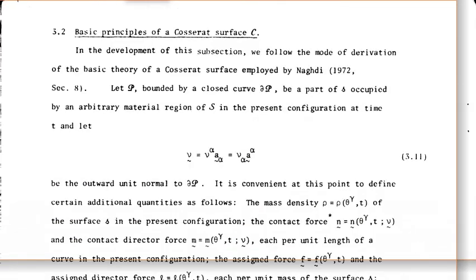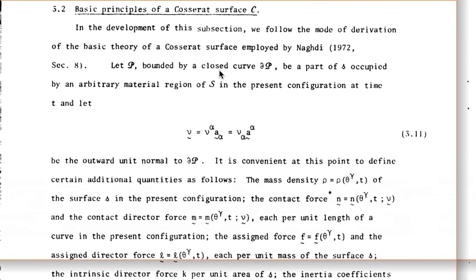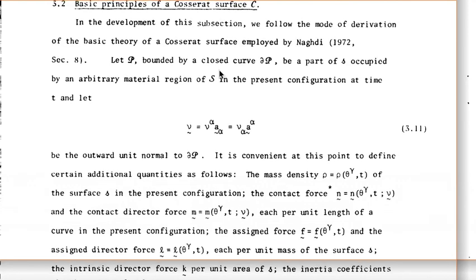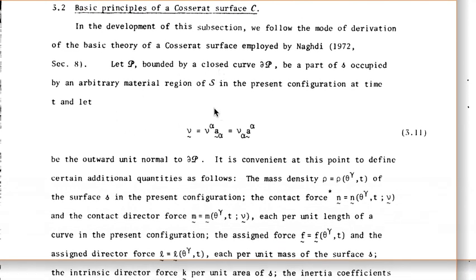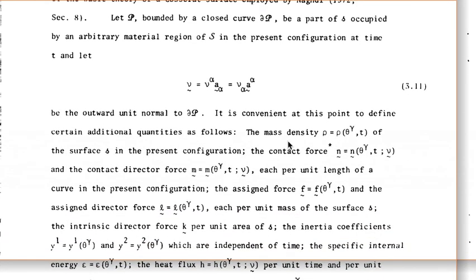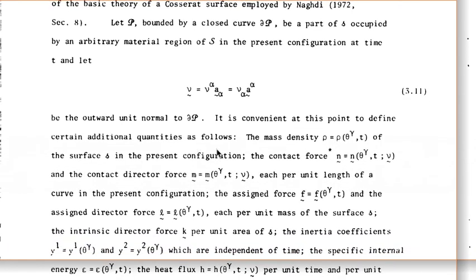And here he has mentioned the basic principles of a Cosserat surface. So here he is mentioning the basic terminology which has actually become quite common in today's literature, but this was new at that time probably.